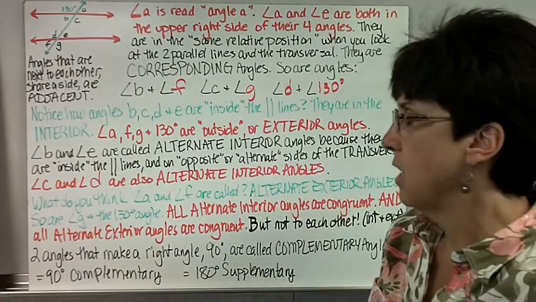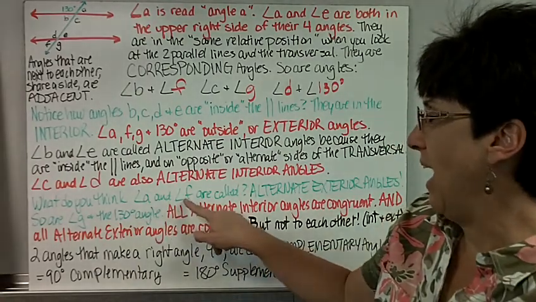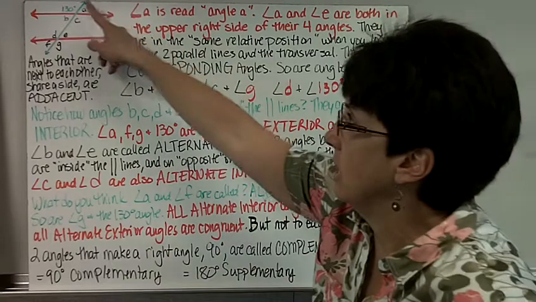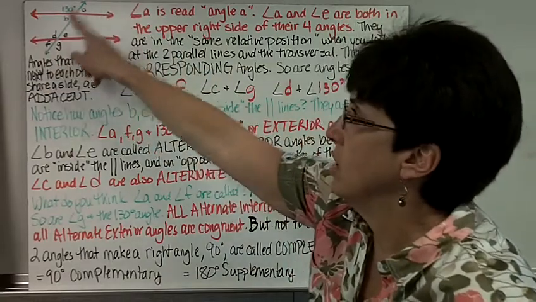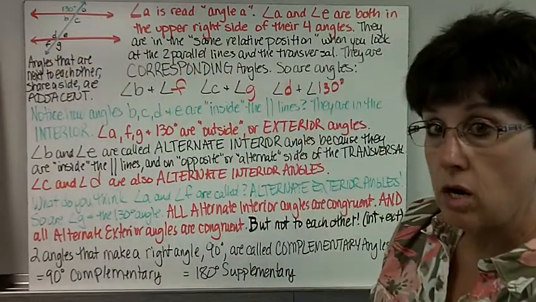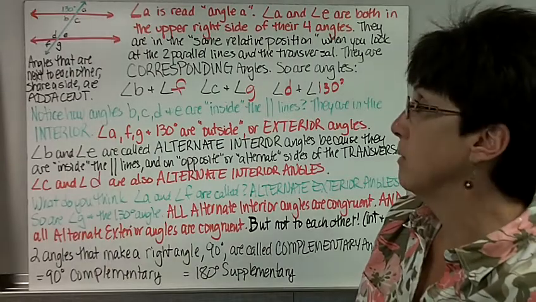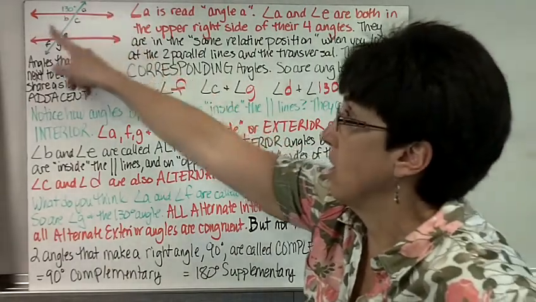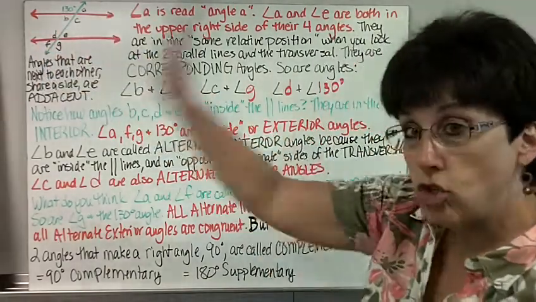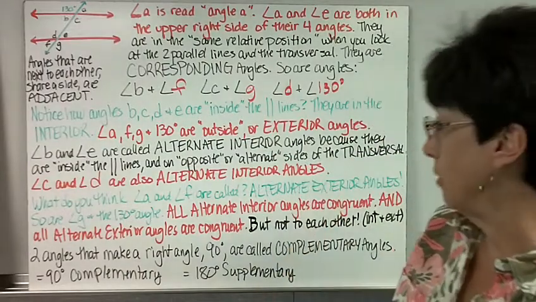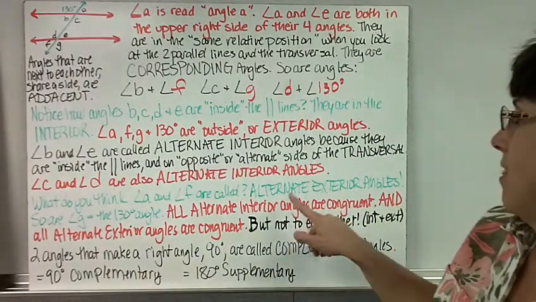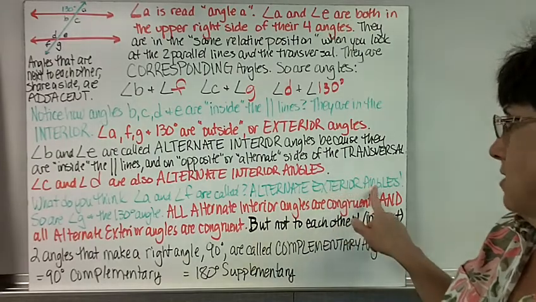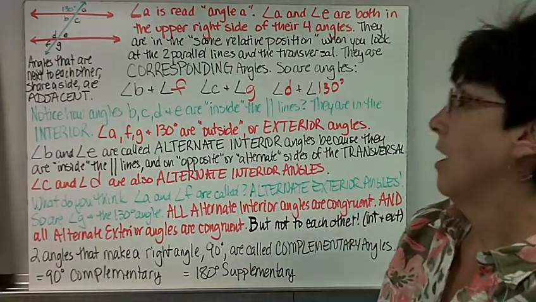I did. Okay. What do you think angle A and angle F are called? Well, you know that they are exterior angles, and they are on alternate sides of the transversal, so they are called alternate exterior angles.